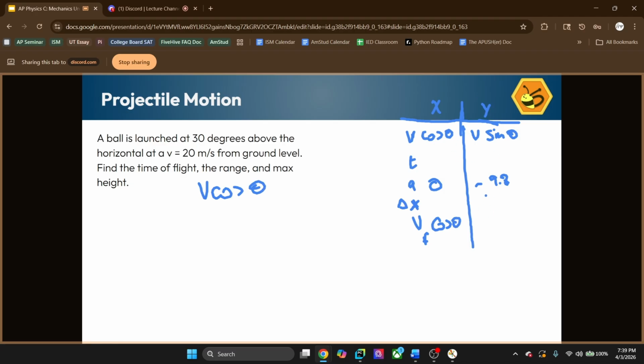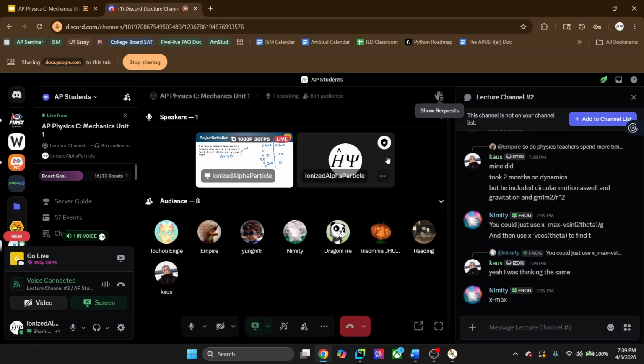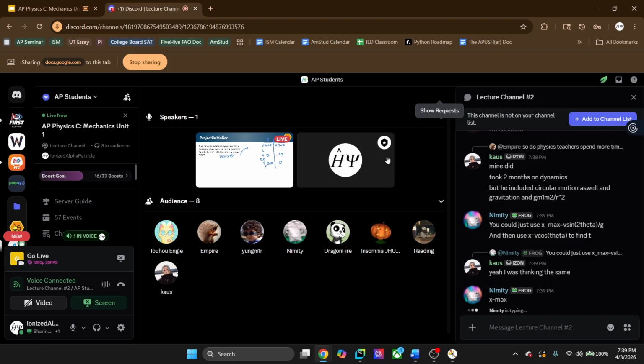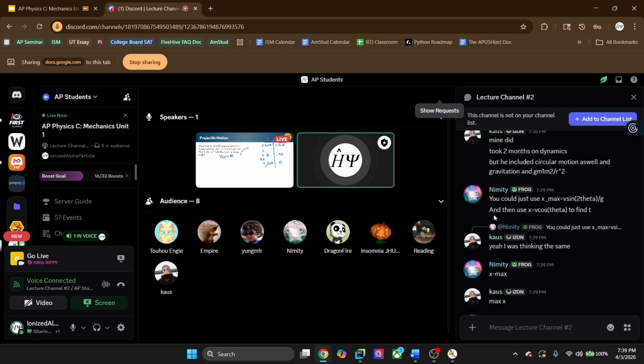For y, we can say for half of the motion, so from ground level to the peak, the v final is going to become 0. Now, what do y'all think we solve for first? Max x?